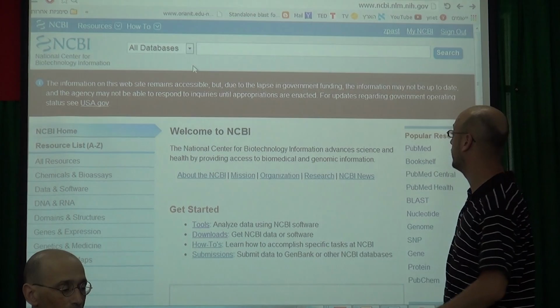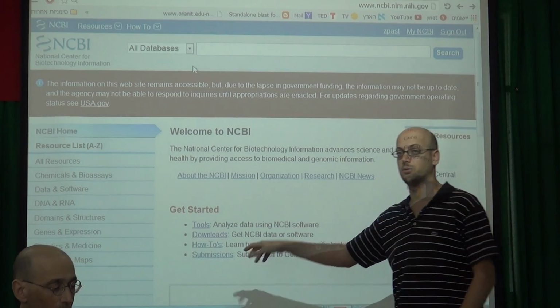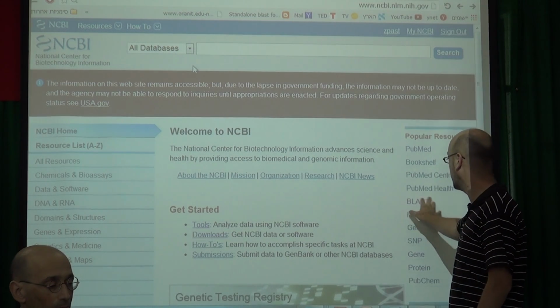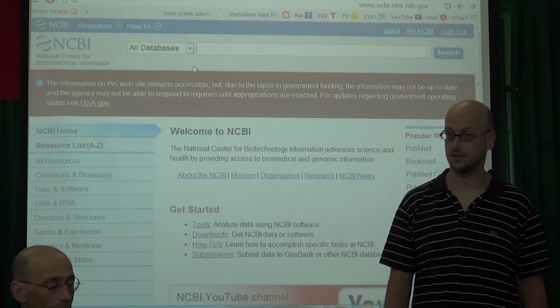Said that the way to do that was NCBI, so we're just going to finish that very quickly. And within NCBI, we use the tool called BLAST.